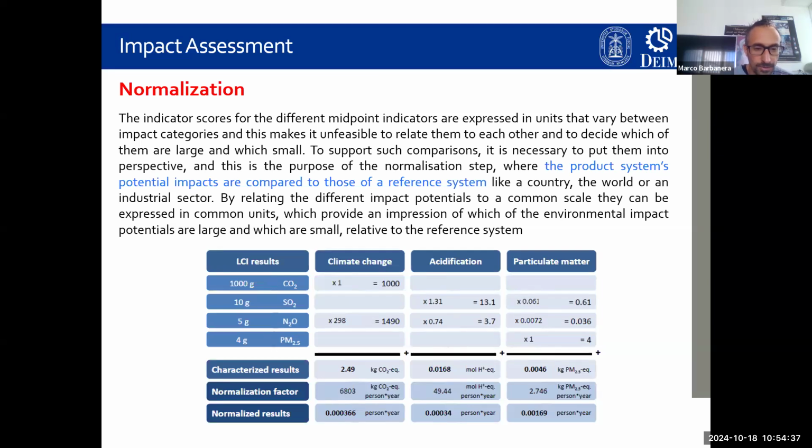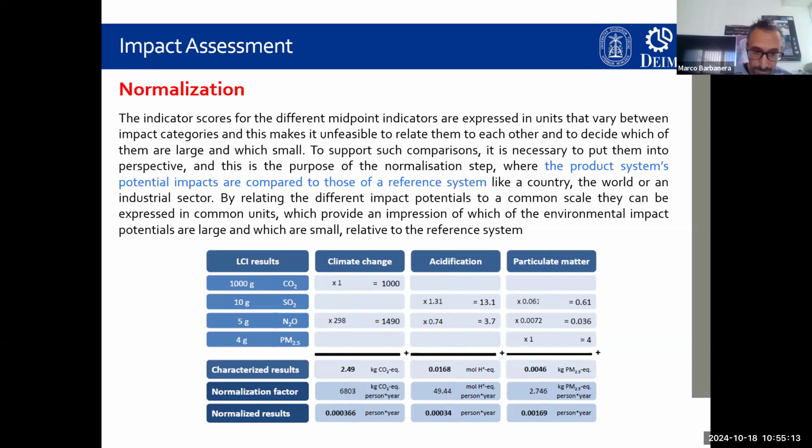Okay. So in this case, the normalization factor would be the global greenhouse gas emissions in Europe in 1 year per person. In the same way, we can define the other normalization factors, but the operation is the same. So we have to divide the characterized results by the normalization factor.